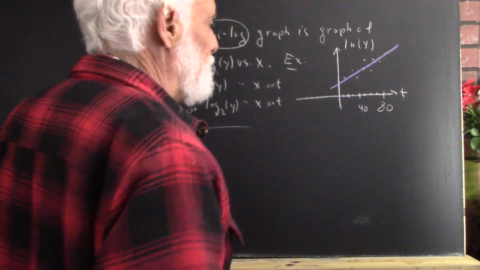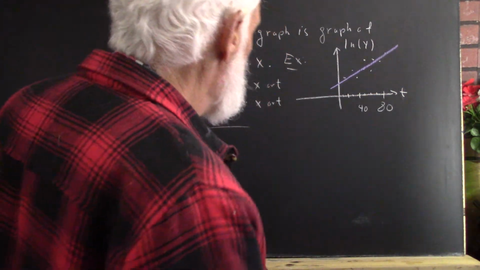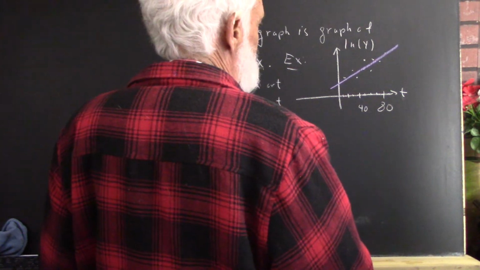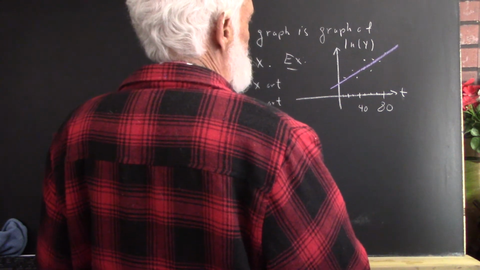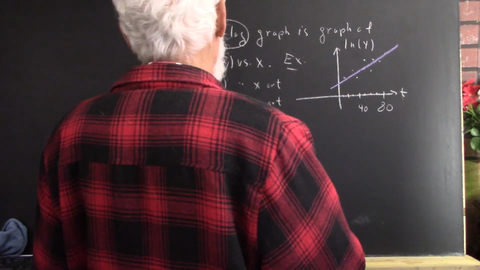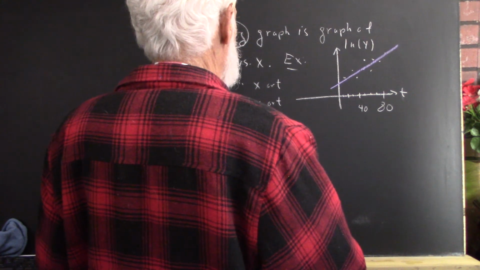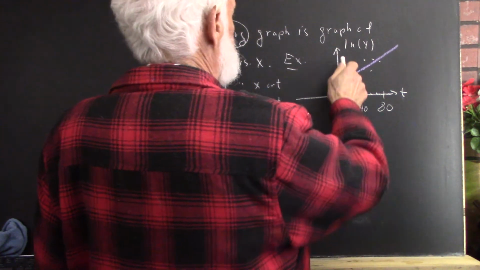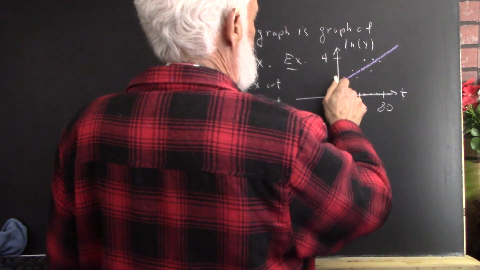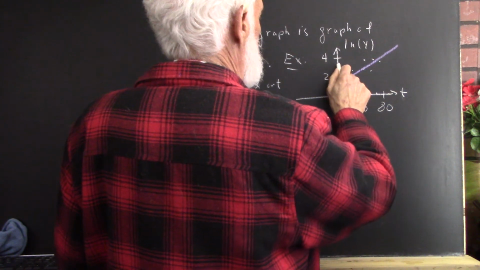Okay, there are my 10-day approximations. Now let's just say that I'm not even going to try to make this very accurate, but 4 here, 2 here, 1 here, 3 here.